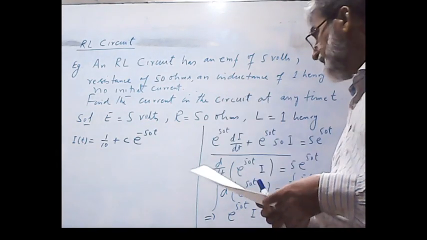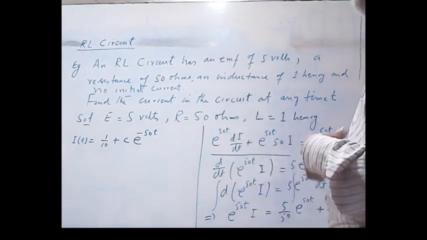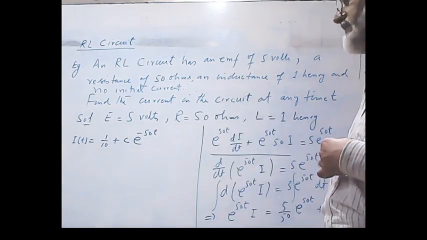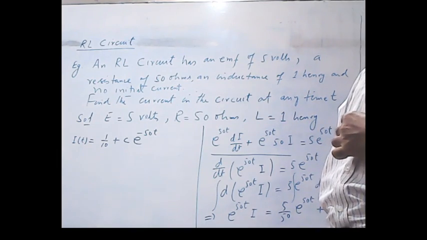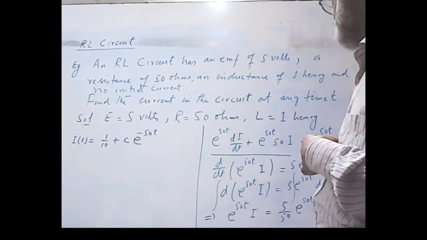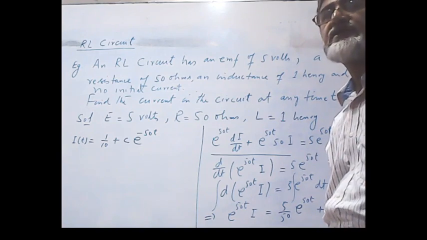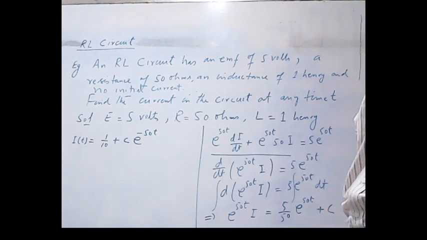So in this way you will easily find the current at any time t, as compared to using the general solution directly, which involves the complicated terms e power integral.